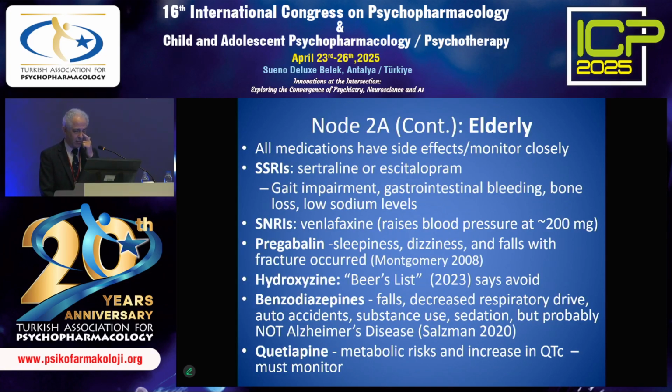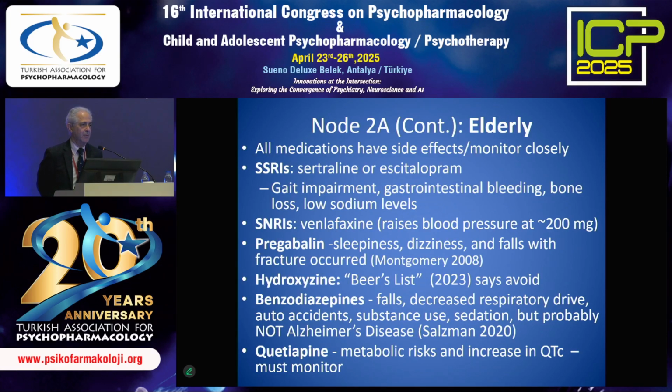Then there's the SSRIs, which we will be recommending at the top of both this and the older adult algorithm. The side effects will be greater, side effects such as gait impairment, so-called postural sway that older people get on SSRIs. Gastrointestinal bleeding can be more of an issue. Bone loss and low sodium levels, hyponatremia. So you need to watch for those issues.